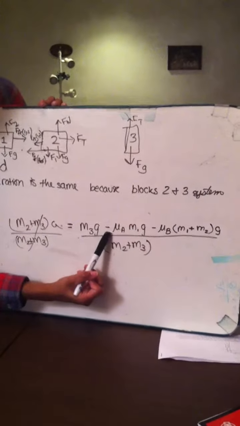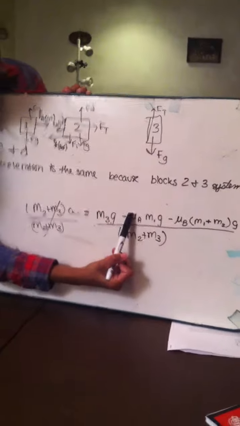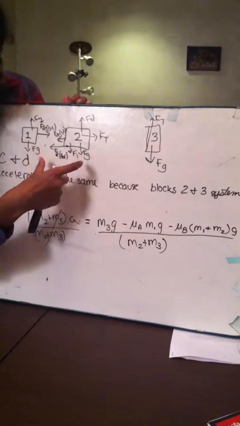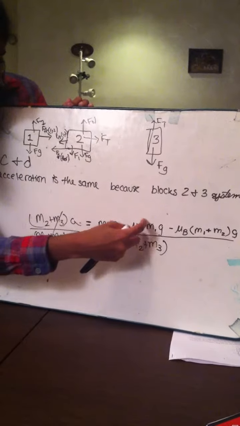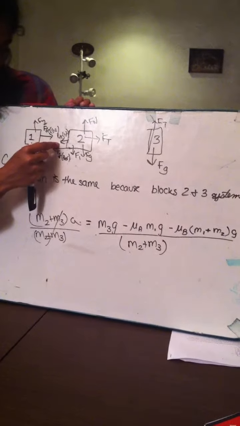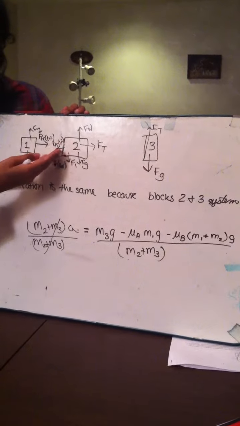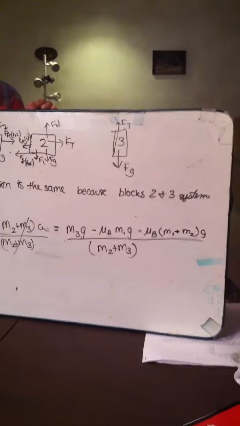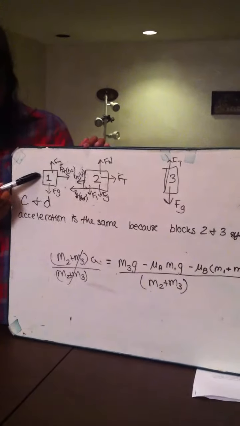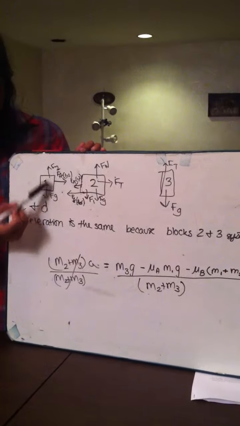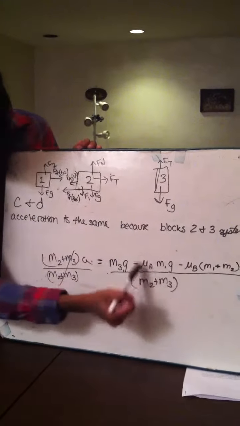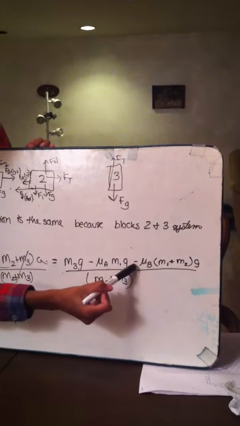And then that is subtracted by the kinetic friction between the two blocks, and the normal force on that is M1g, because this is the force of kinetic friction between the two blocks and it's going towards the left. And if you look at the normal force on this block, you realize that it's just opposing the force of gravity, which is M1g. So that's where you get that from.